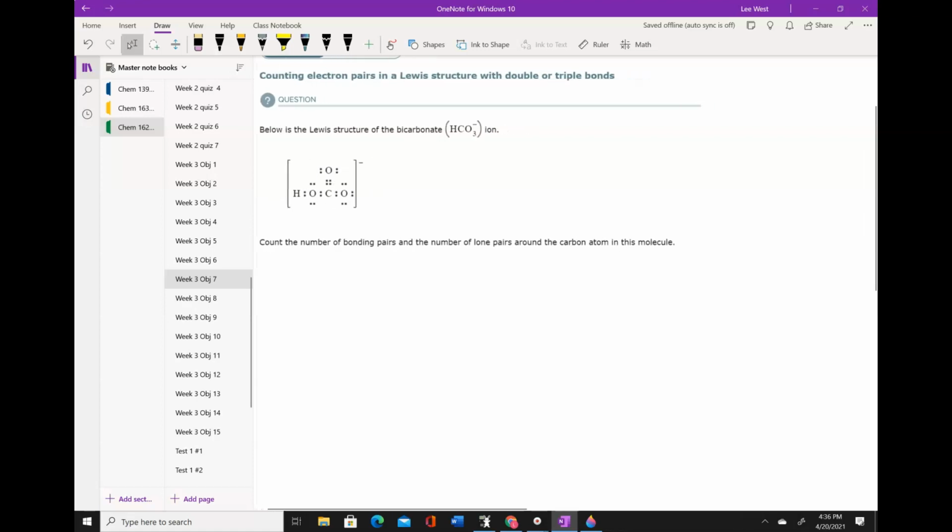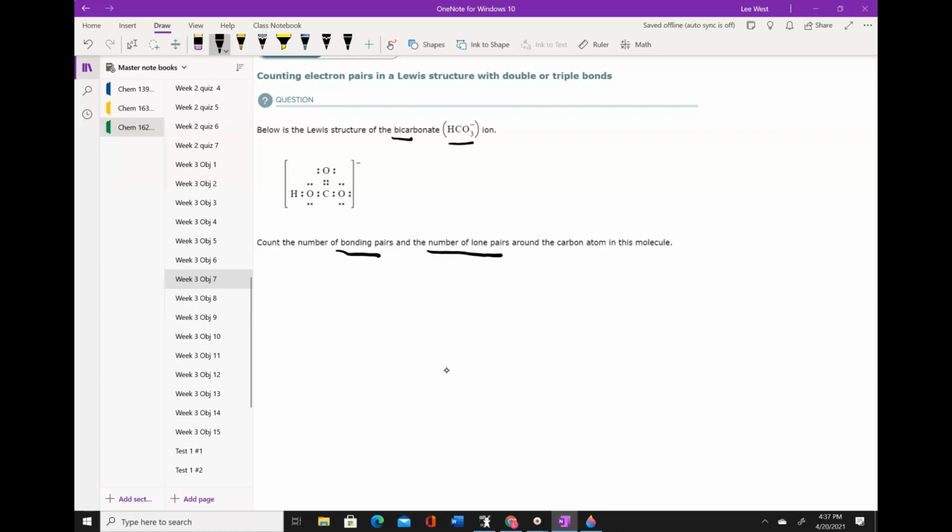Okay, this looks similar. Below is the Lewis structure of the bicarbonate ion. Count the number of bonding pairs and the number of lone pairs around the carbon atom in this molecule. So there's the carbon, and looking at this already, I don't see any lone pairs.